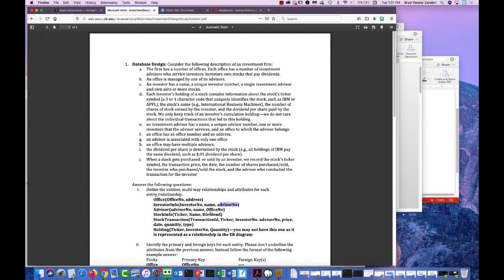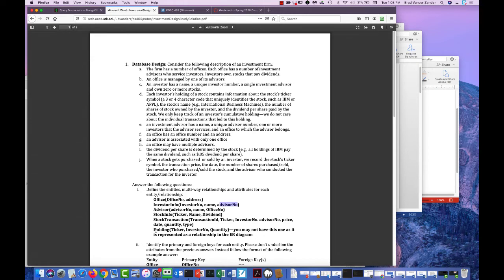The holdings is more like a relationship. We had an investor owned stock, so it's more like a relationship. Stock is more like an entity. It has an identifying ticker, it has a name, and it has a dividend. So we actually make it an entity.